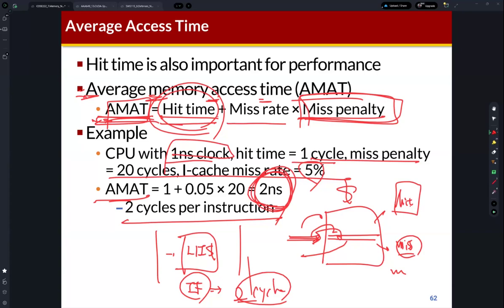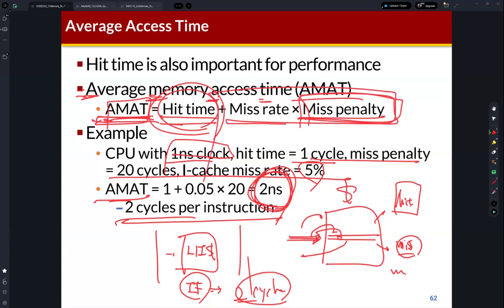And we know that the pipeline architecture works with the clock signals, right? Synchronized with the clock signals. Okay, so 2 cycles. So what does that mean? For the instruction fetch stage, on average this pipeline architecture will consume 2 cycles, not 1 cycle, because of cache misses.